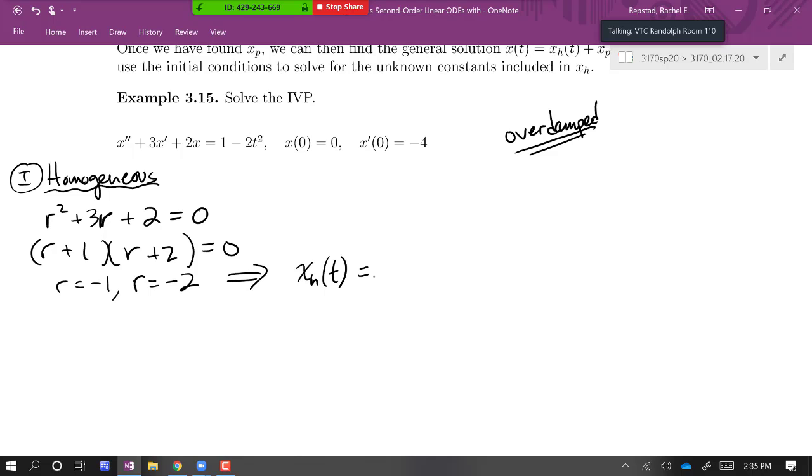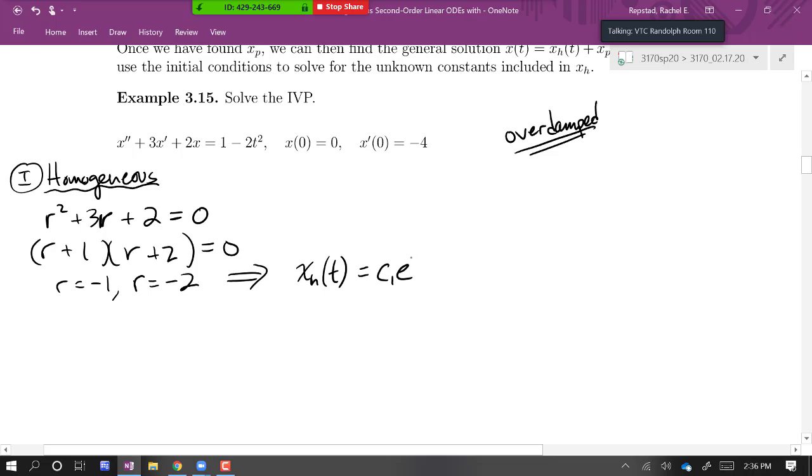So C1 e to the R1 t plus C2 e to the R2 t? Yeah. So what is it for this function?